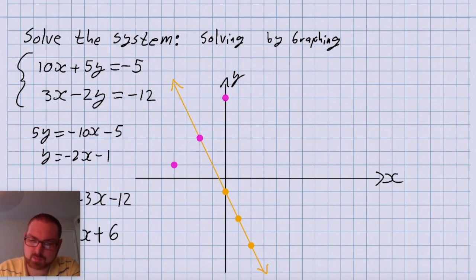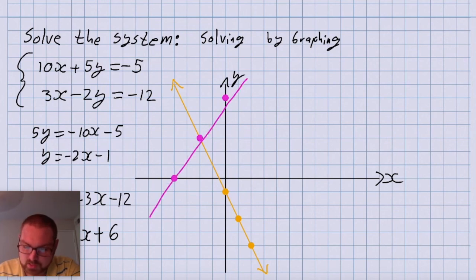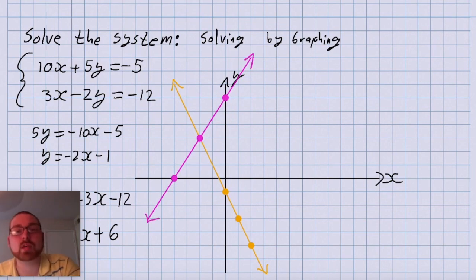Oh, that last point is off. Right here, I went 2 down. So it should have been down here, like so. And that's what was going on. So you've got to be careful when you sketch your points. And that will show you if you're not able to connect them with your ruler, like I was having trouble doing. That's what tells you you made an error.